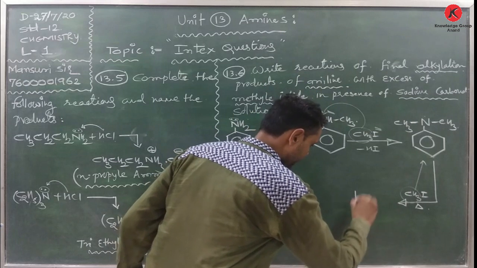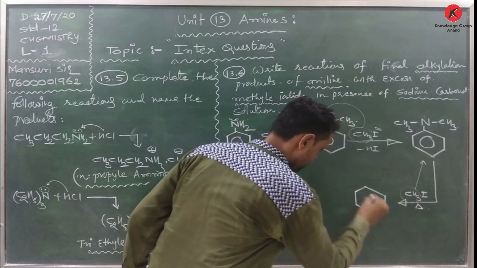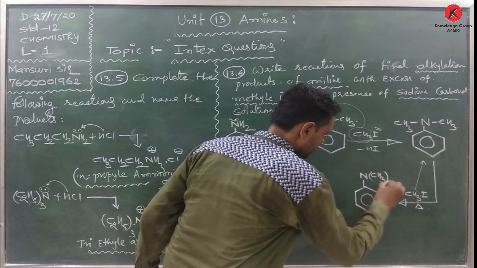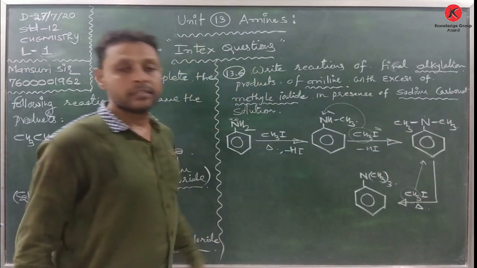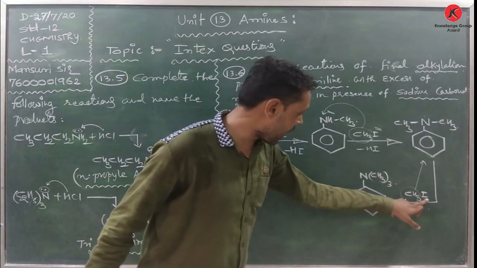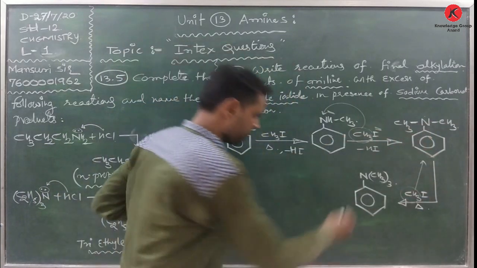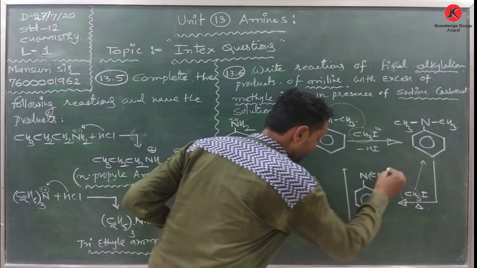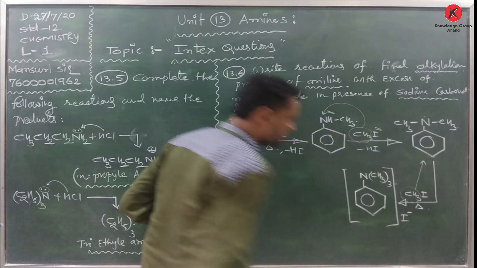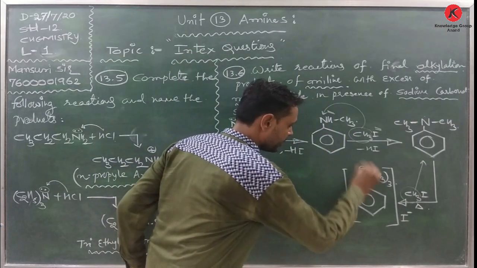That is why N contains three methyl groups, and iodide will be the external part of this cation.